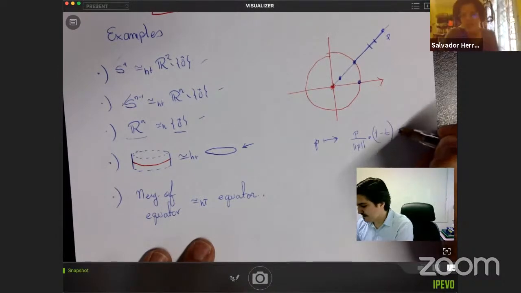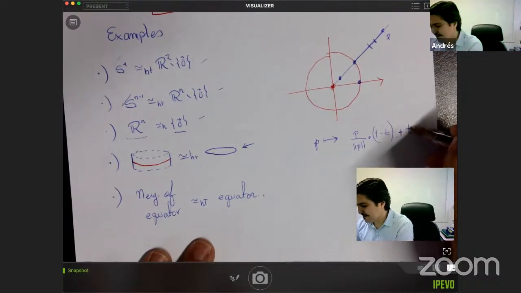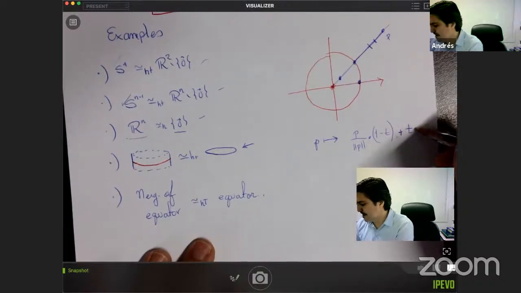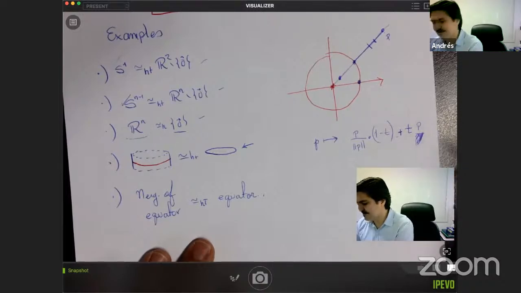Plus, positive T times whatever P. But are you sure? Because we need to normalize something, right? Or yeah, like this, sorry. Yes.